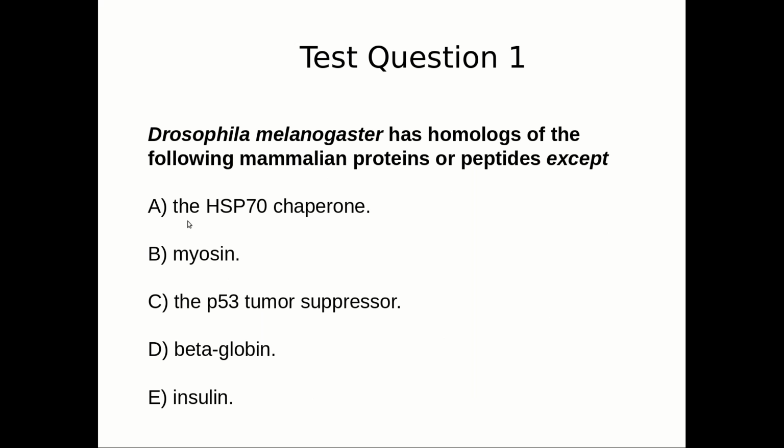There are many. This is giving you an example. Drosophila has many homologs of the following mammalian proteins or peptides. In other words, we have a copy of this gene, and flies have a copy of this gene. This is for myosin, or heat shock protein 70, which is a chaperone. It helps other proteins fold.